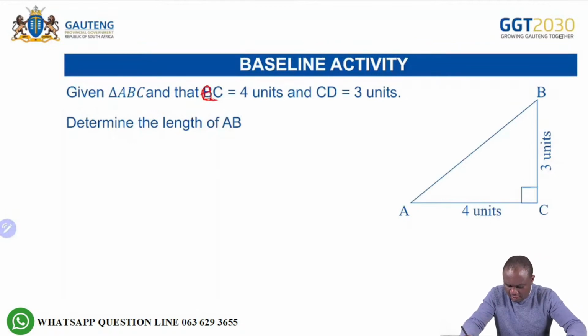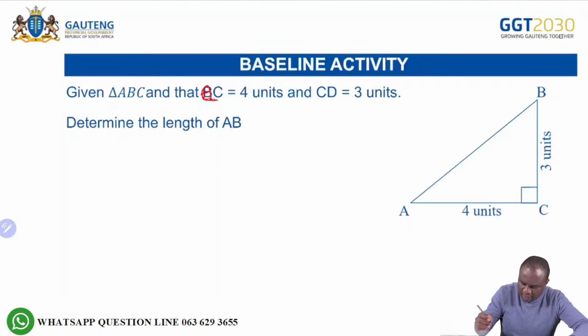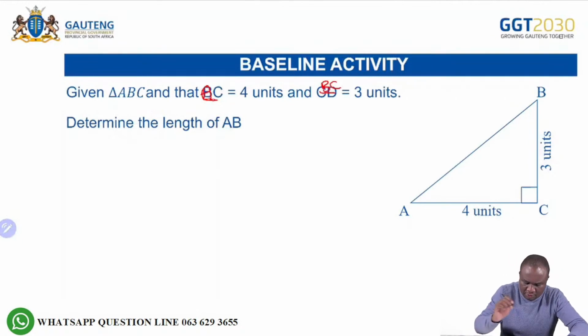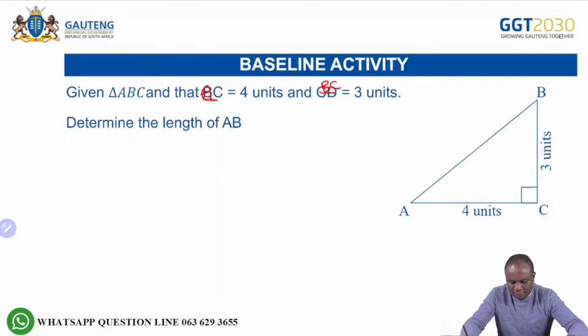AC is 4 units, and then BC is 3 units, okay? Right, correct that. Given triangle ABC and that AC is 4 units and BC is 3 units, determine the length of AB. Let's try to do that for 5 minutes. Let's try.